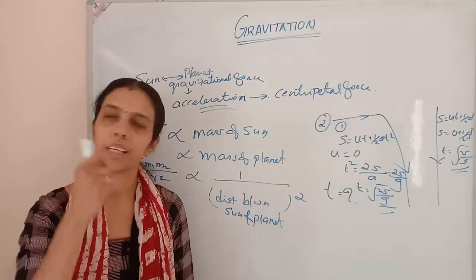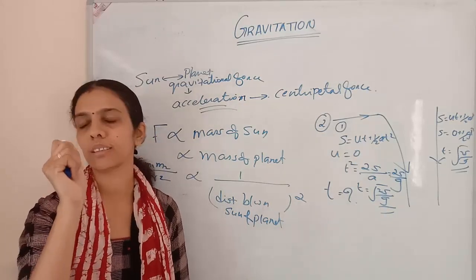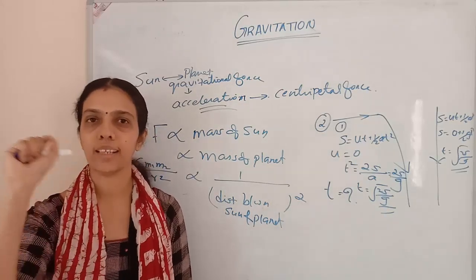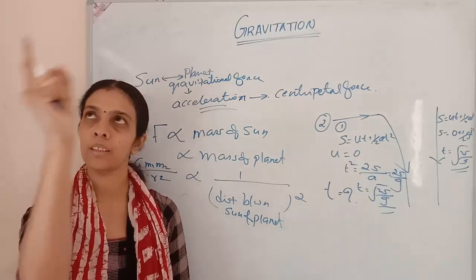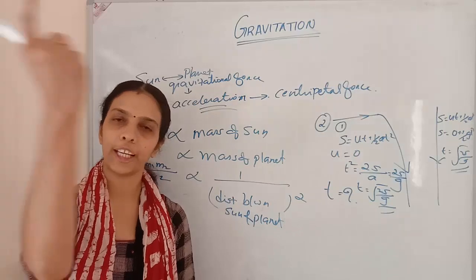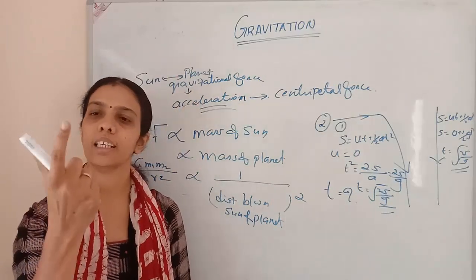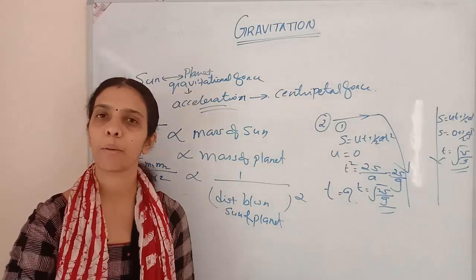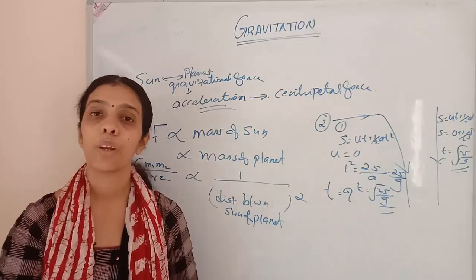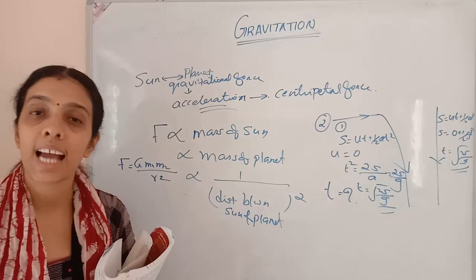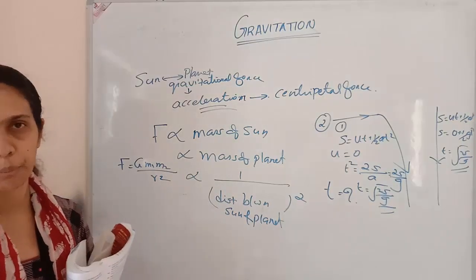Suppose I am taking a string with a stone at one end and I am rotating the string like this. What will happen? The stone also rotates in a circular manner. If I suddenly leave the string, in which direction will the stone move? It will move along the tangent of the circular path.